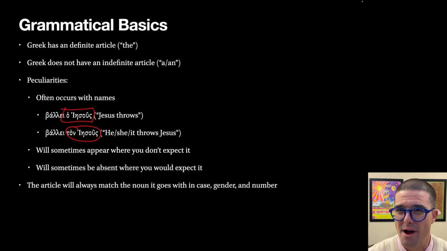Don't worry too much about hyperbaton now. We'll talk about that in a later semester, but it's a word that I will later on repeat often to you. But Greek can stick in between the definite article and the noun a number of different things, but you know that the definite article goes with a particular noun because it is always going to match that noun in case and gender and number.